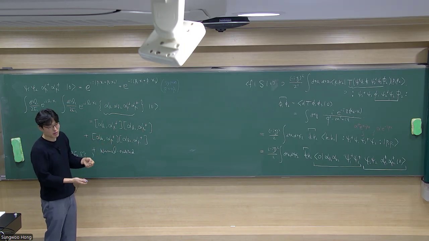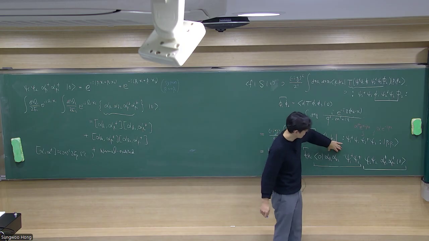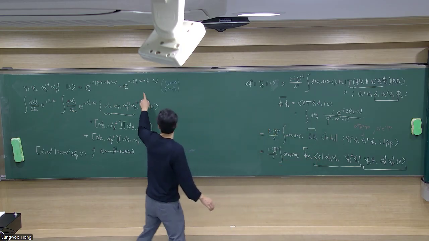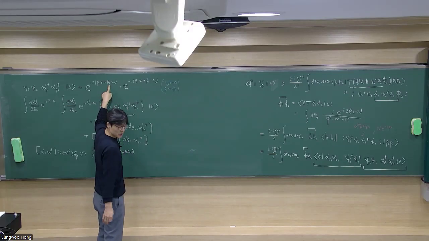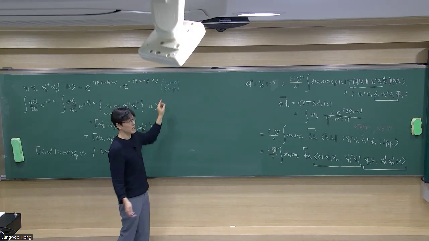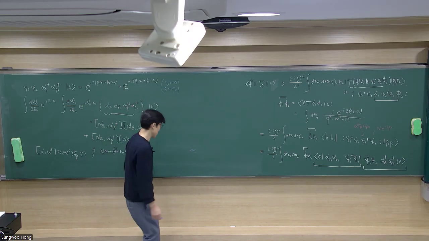Therefore, they have to satisfy bosonic statistics, right? The answer should be symmetric under the exchange, which is guaranteed to be the case. And here too, once you do the computation, everything is exactly the same. So p1 becomes k1, p2 becomes k2, and again you will see that it's symmetric under the exchange of k1 with k2. Exactly the same.